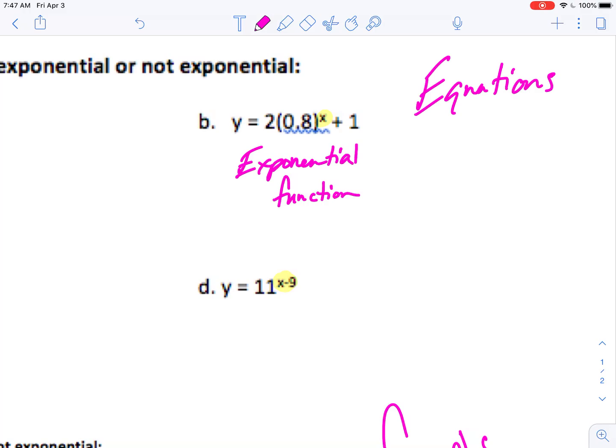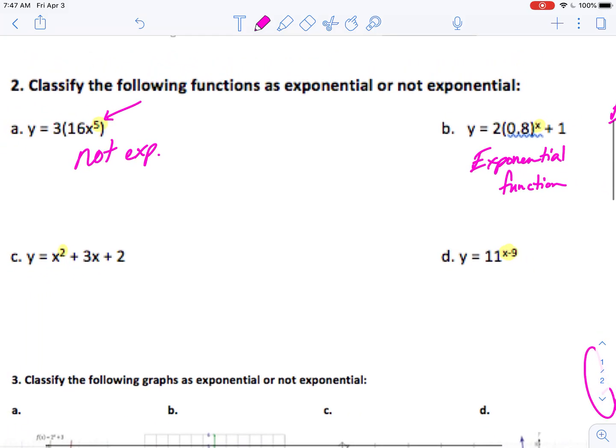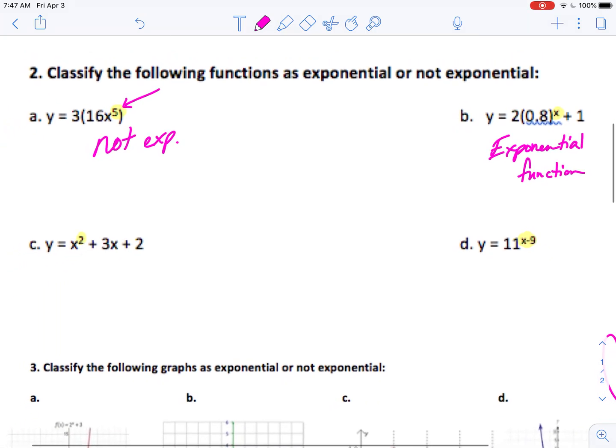So if x is in the exponent, then I have an exponential function. And again, I'm not going to focus on anything else. It doesn't matter what the rest of this stuff is. It can be whatever I want it to be. As long as x is in that exponent, that's what counts.